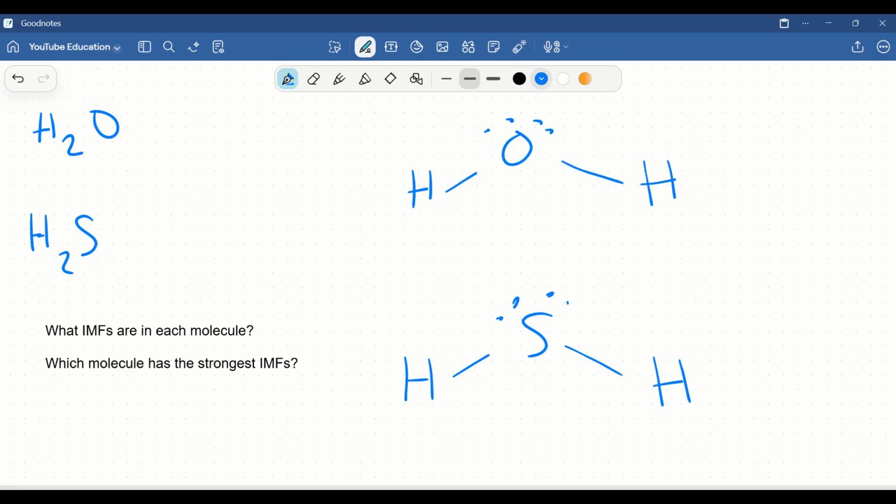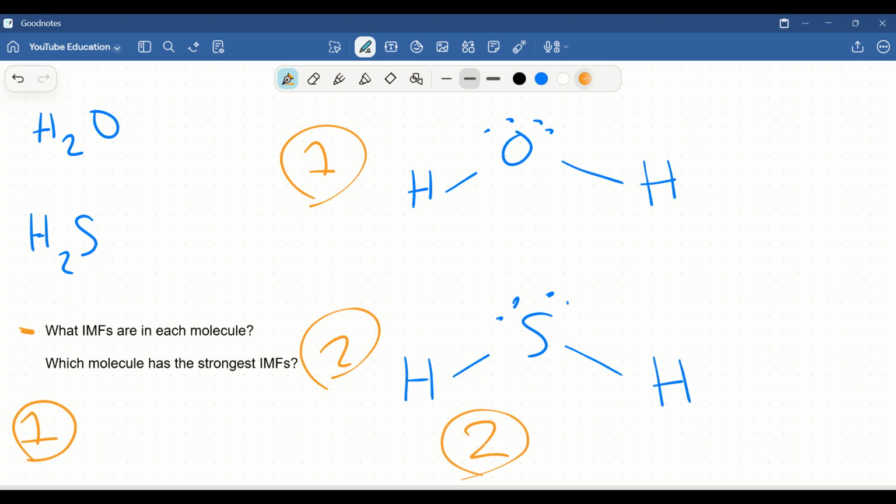So we know that all molecules have London dispersion. Actually, I'm going to label this molecule 1 and molecule 2. So to answer this question, molecule 1 has London dispersion.